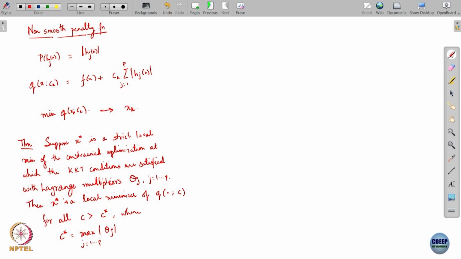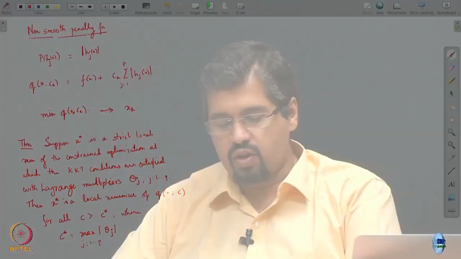What does this mean? If you can set your penalty parameter to be larger than c star, where c star is simply the largest of the Lagrange multipliers that we have, then you can get the true solution.